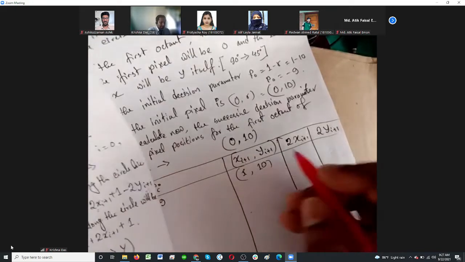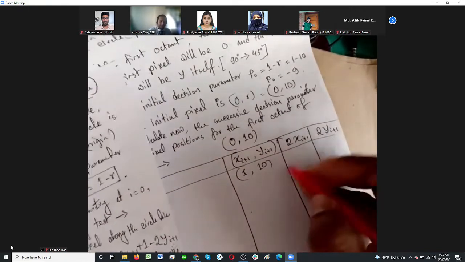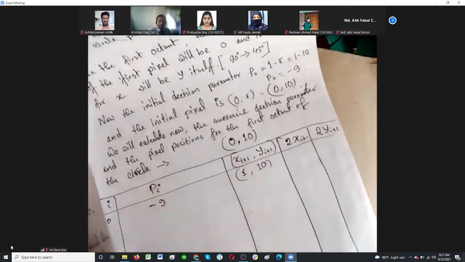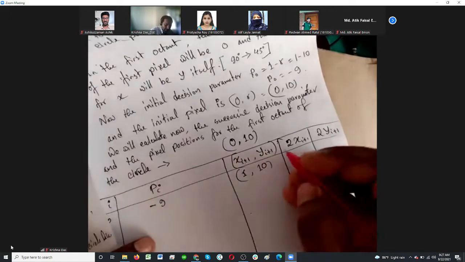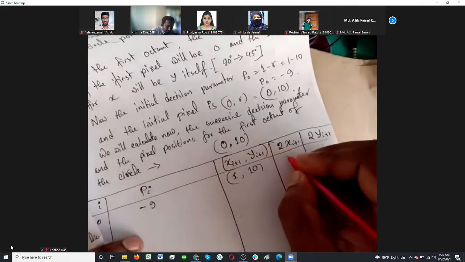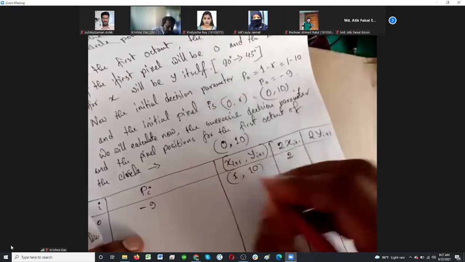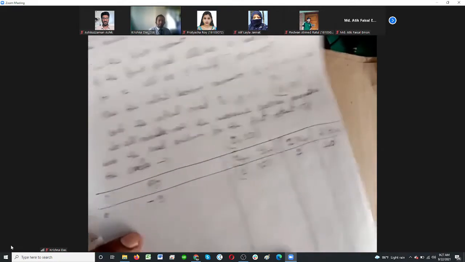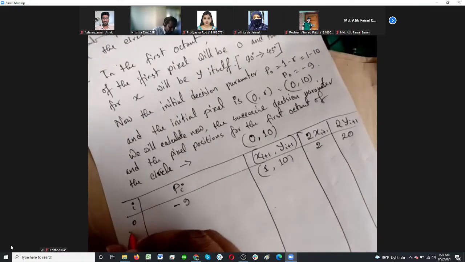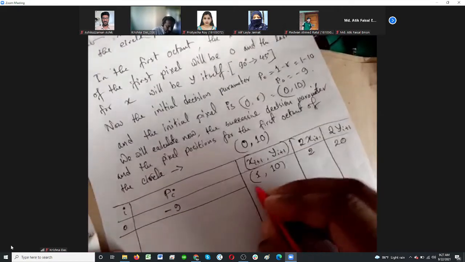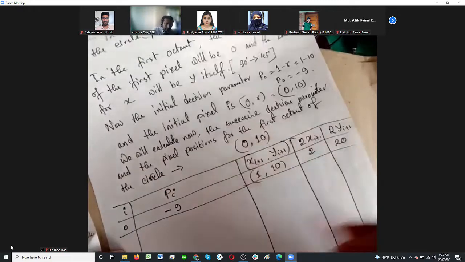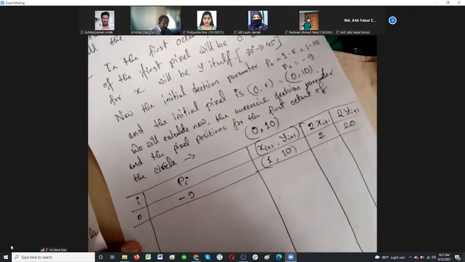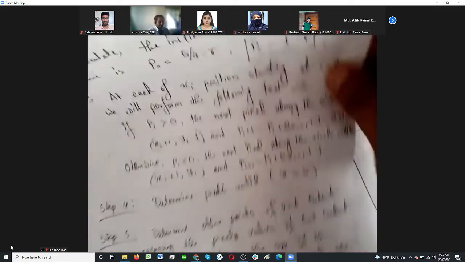At the same moment, we need to double those values, because we need them for the next successive decision parameter. So 2 into 1 is 2, and 2 into 10 is 20. The job has not been done yet. We go for the successive decision parameter.